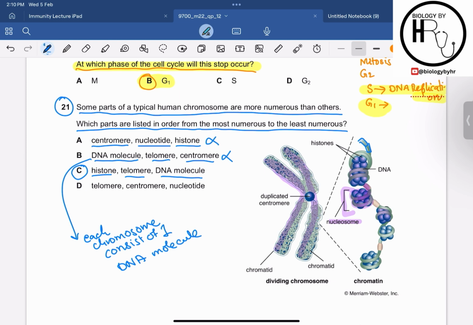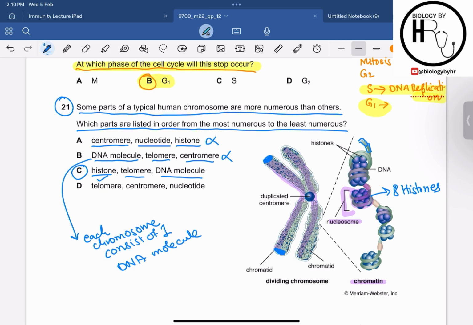Let's discuss how option C is our correct answer. If I talk about the histone proteins, in the chromatin threads you can see that there are a lot of nucleosomes over here, and in each nucleosome there are 8 histone proteins. So histone proteins may be the most numerous. And the telomeres are present two per chromosome, each at the poles.